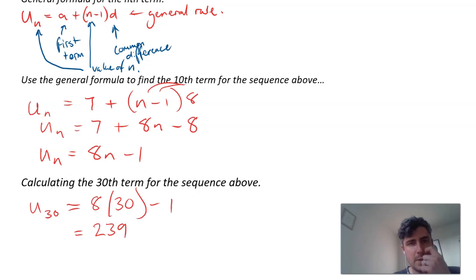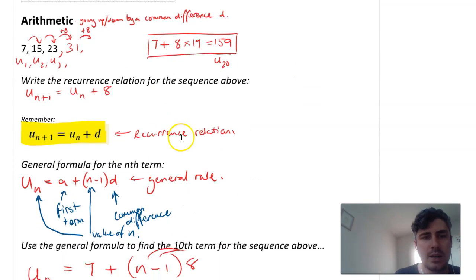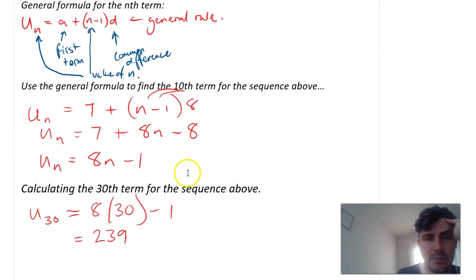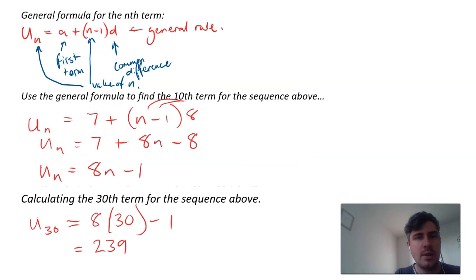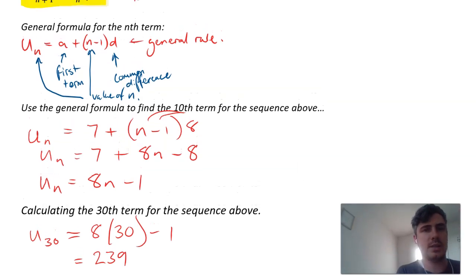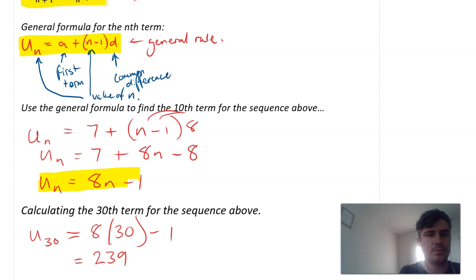So rather than doing it all in your head or adding up 30 terms in a row, you can use these rules. You need to know the general formula for the nth term, which is highlighted here. You need to find the general rule, which we've done in the step below it. And once you've got the general rule, you can then use the general rule.